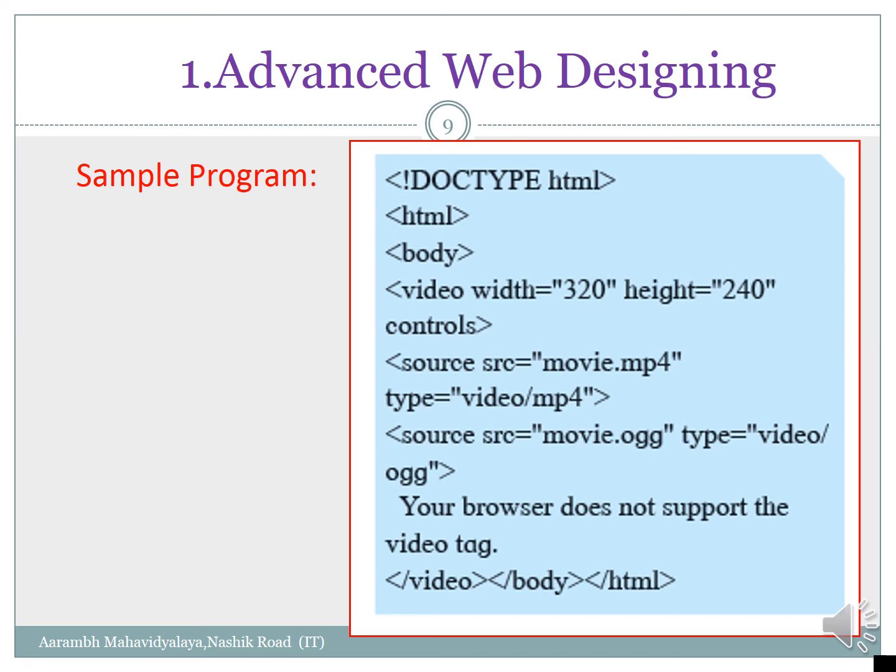Also we have provided the second source as movie.ogg. Here we have also specified its type as video. Then we specified one line: your browser does not support the video tag. If your PC or your mobile does not have the MP4 or OGG format, then it will show that message.